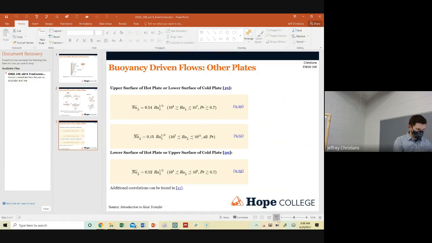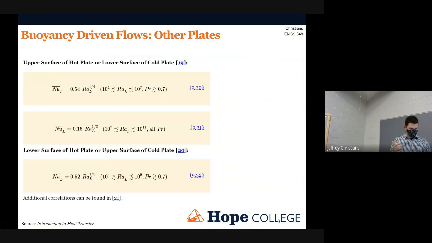Okay, again, just to show briefly, I don't think you need to write any of these down, but we're going to be tailoring our models, right? People have done a whole bunch of experiments, fit their experiments to different equations, and then those are always going to have certain bounds that they work in, and it's always going to be geometry dependent on top of any other specific conditions that those things work in.